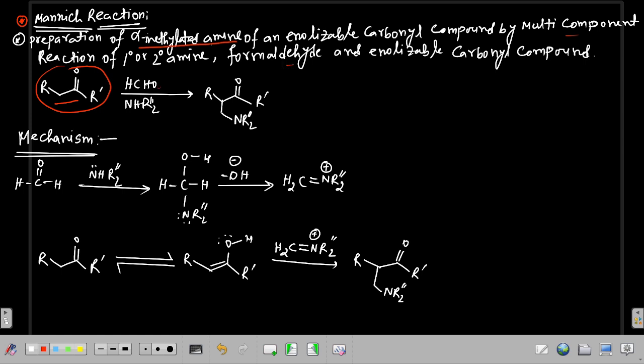Here we are using formaldehyde, and amine, that is 1 degree and 2 degree. This is a 2 degree amine. After this reaction it forms this alpha methylated amine, because this is a methyl.